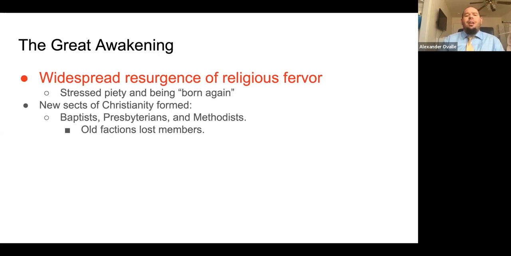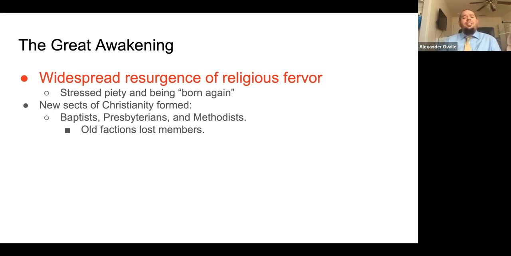Of course, you have the Great Awakening, which is the widespread resurgence of religious fervor, the high-strung fever of getting back into religion. It stressed piety and being born again, and new sects of Christianity were formed: the Baptists, the Presbyterians, and the Methodists.